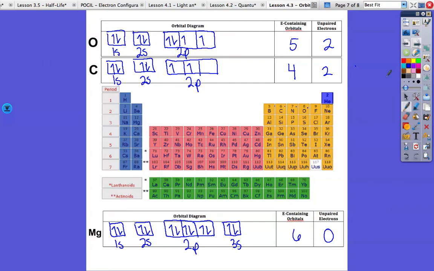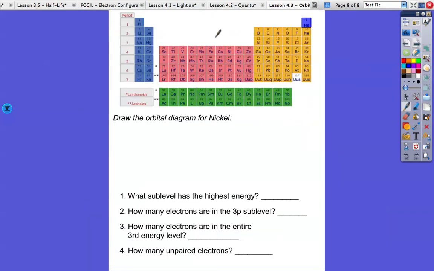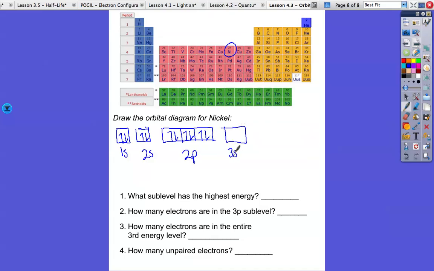So now we're going to draw an orbital diagram for nickel. Nickel is right here. So we're going to start off with 1s. Got to go through the whole 1s. And then we're going to go through 2s. 2p, we've got to go through that whole sublevel, so we're going to fill that up. 3s, go through all of that, as well as the 3p.